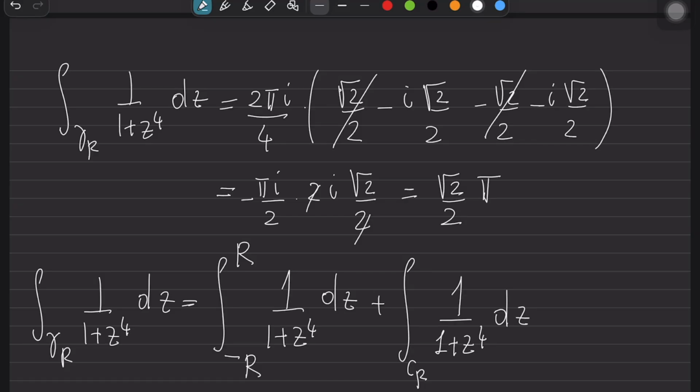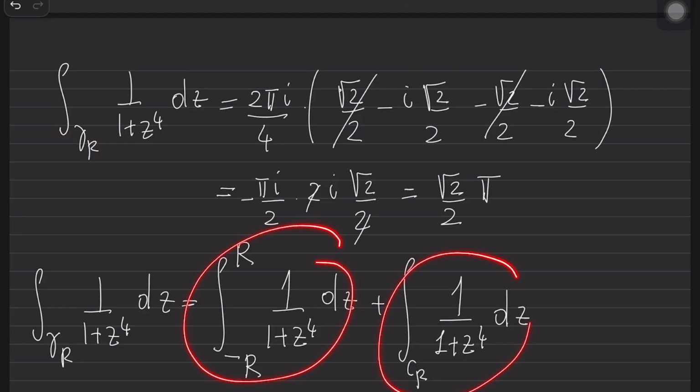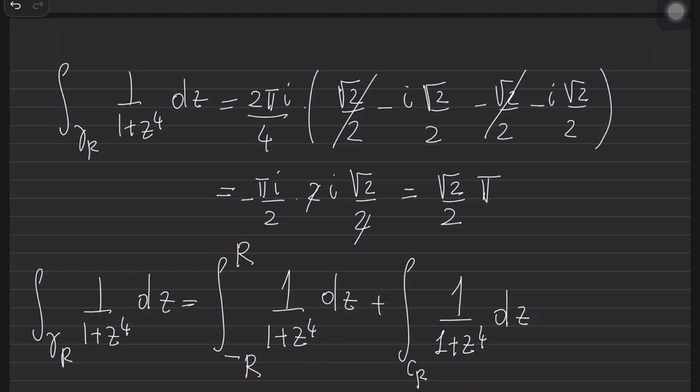Okay? Now, both of these integrals depend on r, but we have just proved that their sum is always going to be equal to square root of 2 over 2 pi. So what's the idea now?